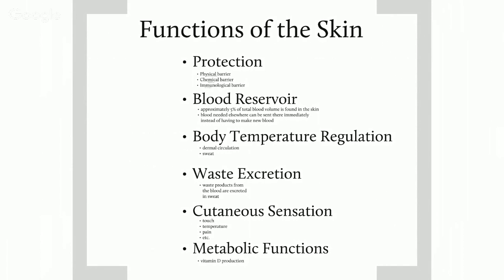And then finally, the last one here, there is a metabolic function in the skin, which I don't spend a whole lot of time on because it seems like a very minor thing, but it is important. And that's about vitamin D production. You get a precursor to vitamin D in your diet.